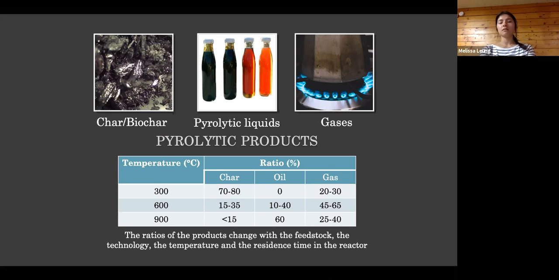So now you see the temperature range, these are really rule of thumb ratios. But if you want a technology that will make oil, we can't go under 300 degrees. So we need a reactor that has materials to go over 300 degrees Celsius, has perhaps a condenser attached to it, and is used to dealing with things like tar. So again, part of my criteria to consider when I'm running a technology evaluation.